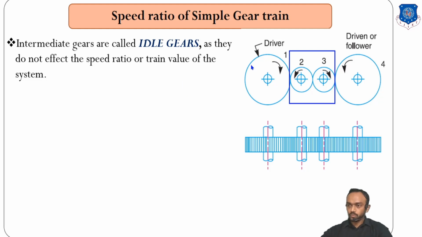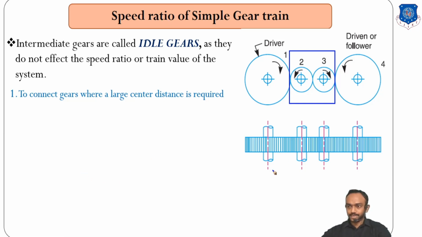Okay, so why are we using these gears? What is the requirement of using this type of gear between the driver and driven? So check this. They connect the gears when the center distance is large.